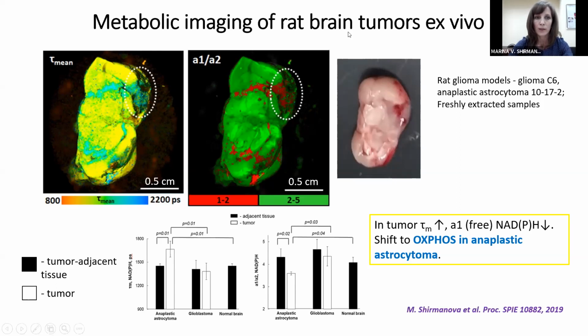We found that these tumors have a greater contribution from bound NADH, indicating a more oxidative metabolism. So a shift to oxidative phosphorylation was observed in anaplastic astrocytoma. For glioblastoma, we unfortunately couldn't see any differences between tumor and normal tissues.